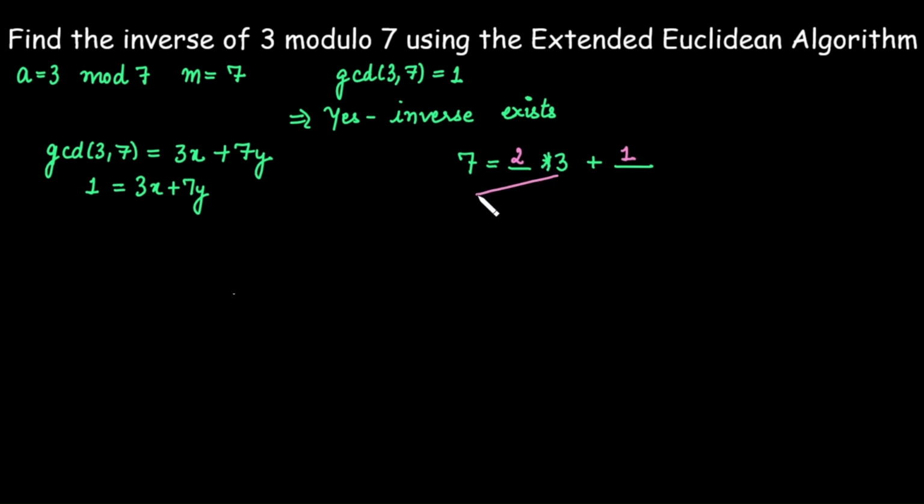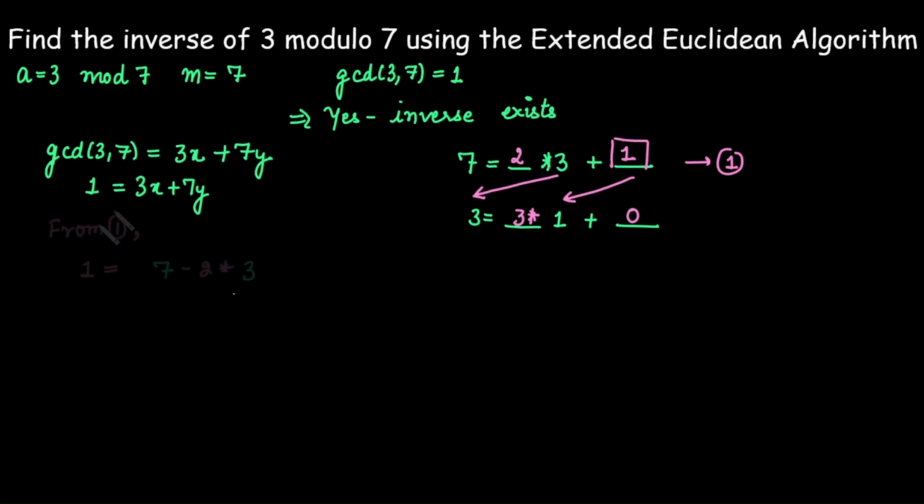After that, divide 3 by the last remainder. Find the quotient. So 3 is 3 times 1 plus 0. As in this case the remainder is 0, it means at the last step we have the GCD of these two numbers. From this, we can extract the value of the remainder 1 in terms of 7 and 3.